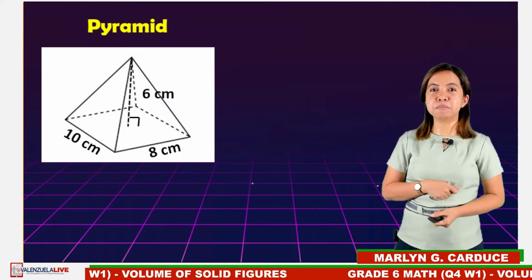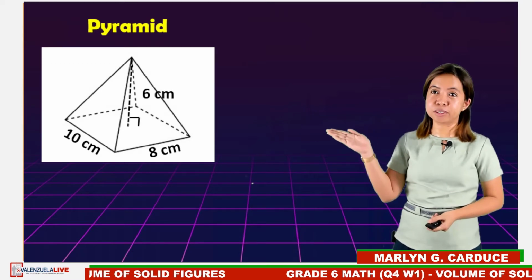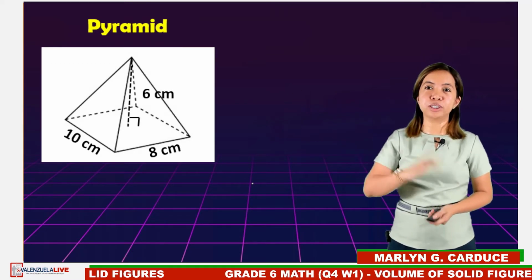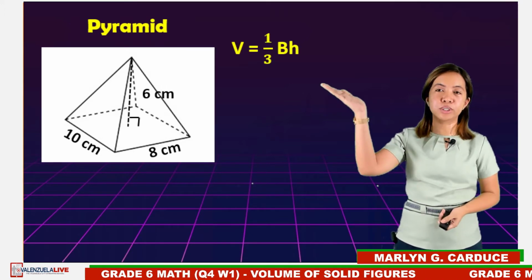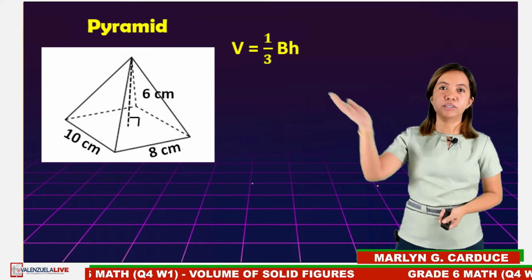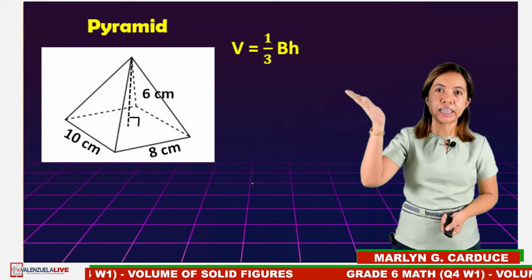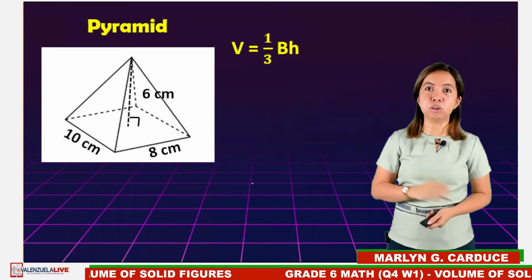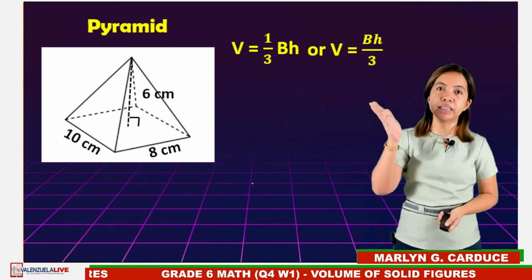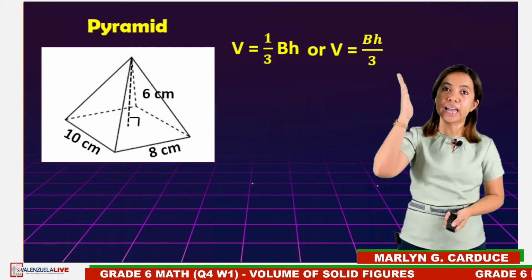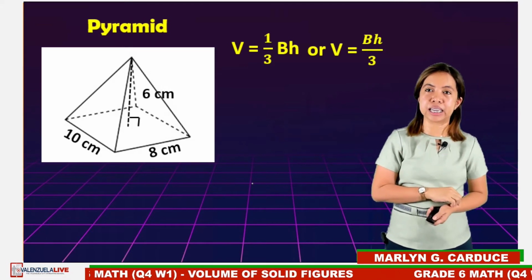Okay, so let's apply the learnings that we get from the video in solving for the volume of a pyramid. So again, to solve for the volume of a pyramid, just multiply the base area times height by 1/3, or we can divide the product of the base area and the height by 3.